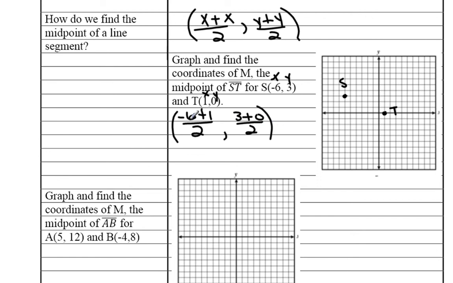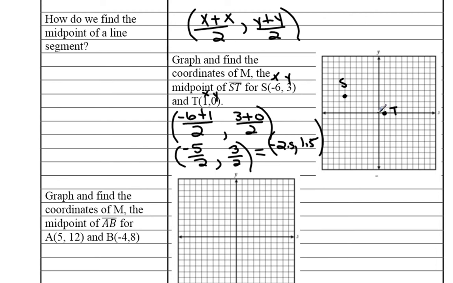Negative 6 plus 1 is negative 5, and 3 plus 0 is 3. And negative 5 halves is the same as negative 2.5, and 3 divided by 2 is the same as 1.5. So now you graph negative 2.5 and 1.5.